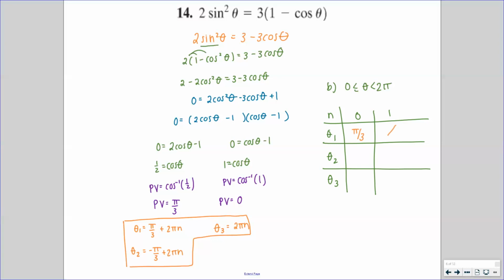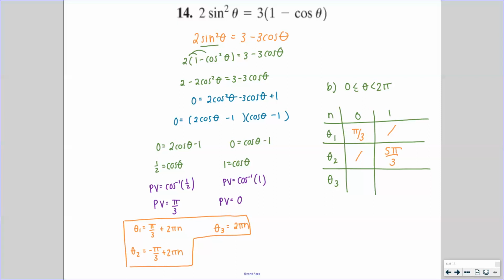When n is 0 in theta 2, we get negative pi over 3, that is outside 0 to 2 pi. When n is 1, we get 2 pi plus negative pi over 3, which gives us 5 pi over 3. I'm going to do just a really quick mental check when n is 2 there. That's 4 pi plus negative pi over 3, that's outside of 0 to 2 pi.